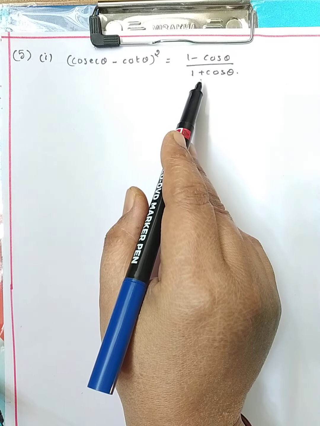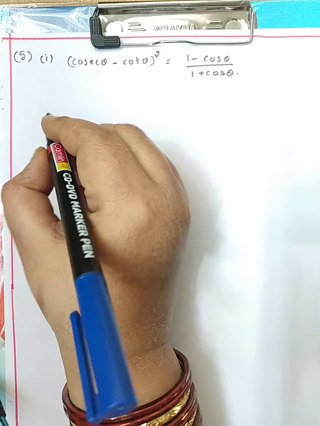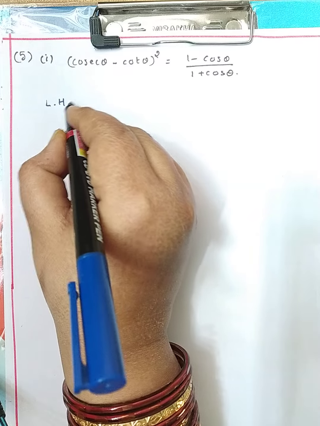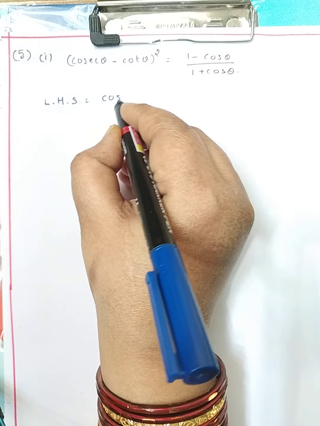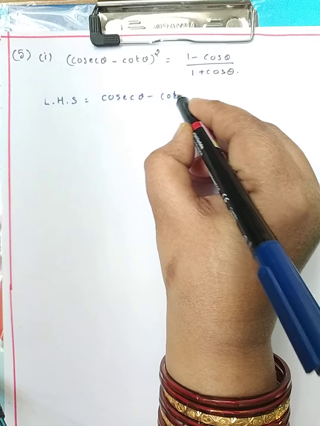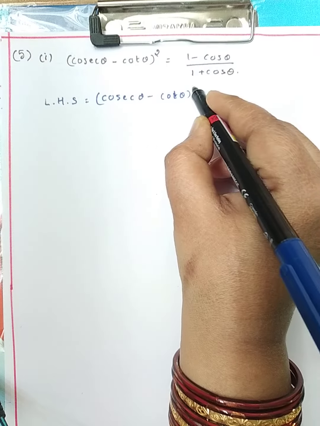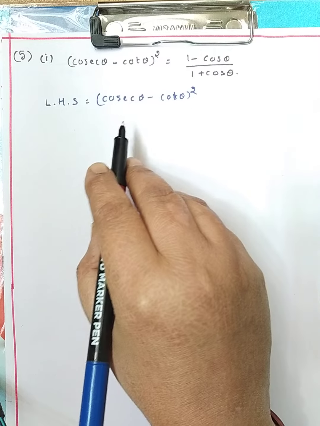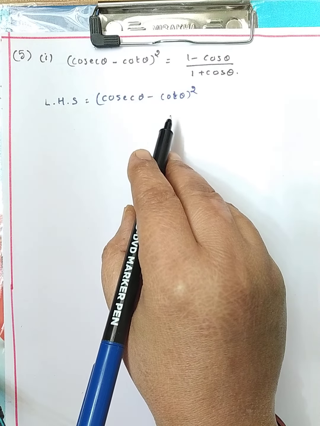This is LHS and this is RHS. So take first LHS. What is LHS? (Cosec theta minus cot theta) whole square. We have to use the trigonometric identities here.